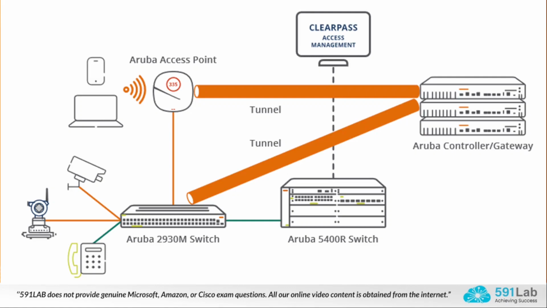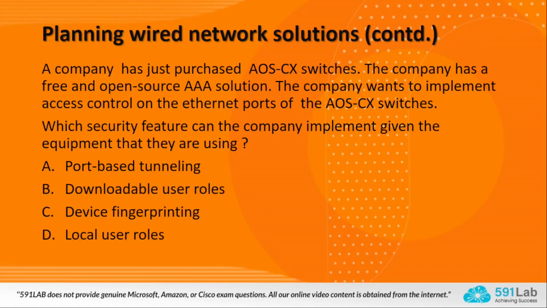By tunneling traffic to the mobility controller in port-based tunneling, authentication and network policies are applied and enforced at the controller side for tunneled wired traffic. So this requires an Aruba controller, but the question doesn't say anything as such. Also, port-based tunneling was available with AOS switches. This looks wrong.